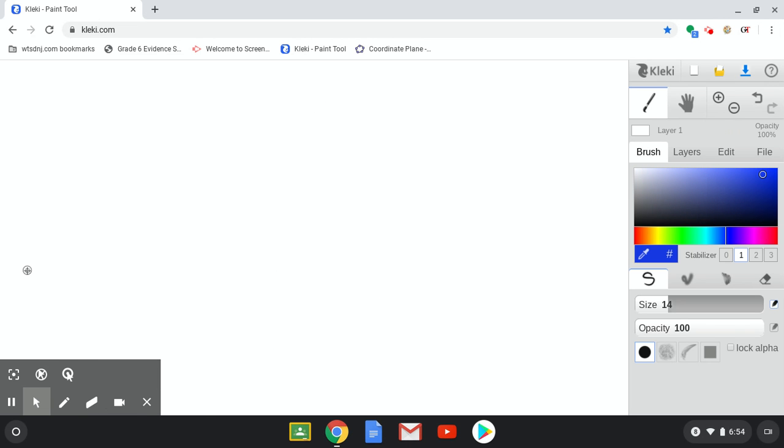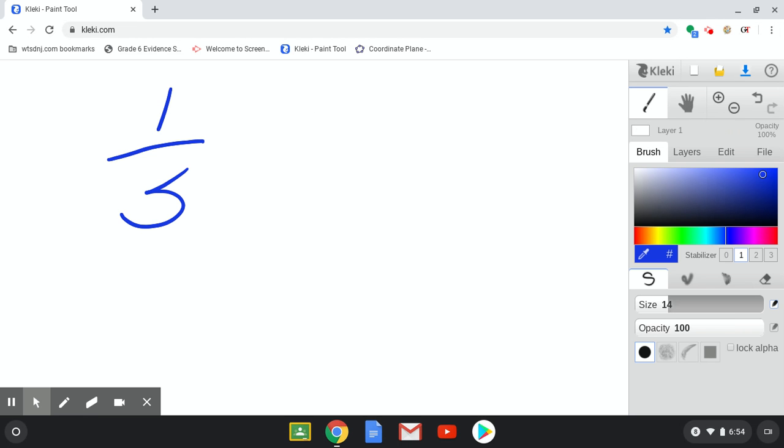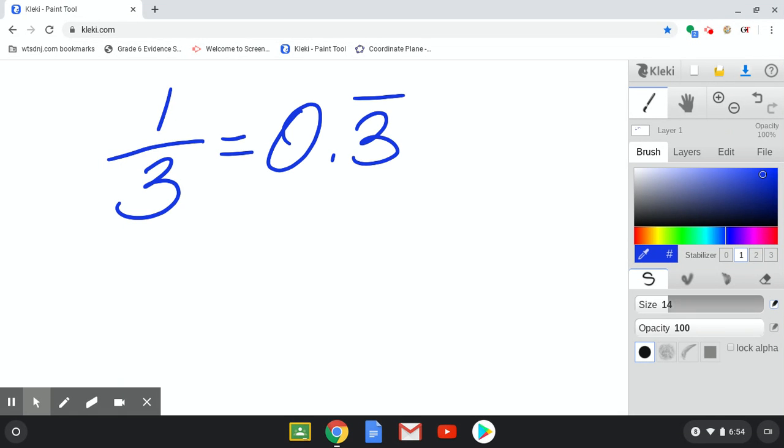Another one we've talked about in class is 1/3. And 1/3 is equivalent to 0.3, and it actually repeats. So that 3 keeps on going. So 1/3 is equal to 0.33333 ongoing. Those are the ones we've typically talked about in class.